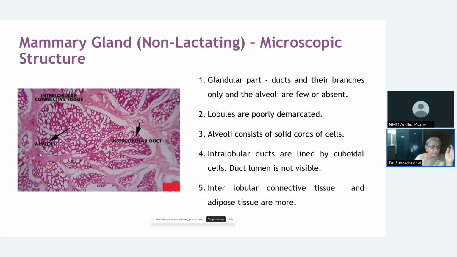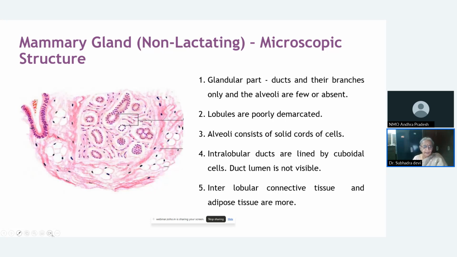And in the case of the lactating mammary gland, this is a non-lactating one, this is what you are seeing. You are seeing more adipose tissue, and the alveoli not differentiated.